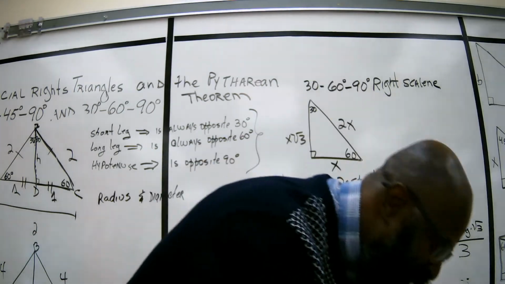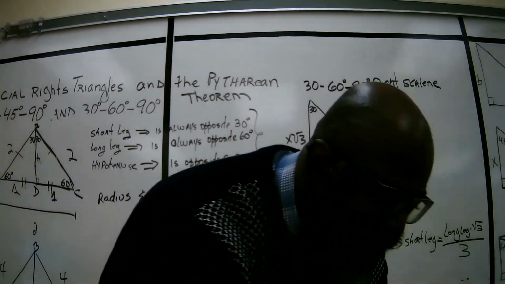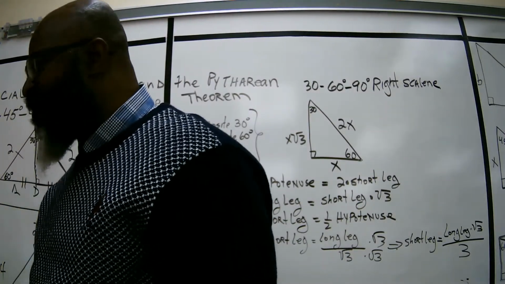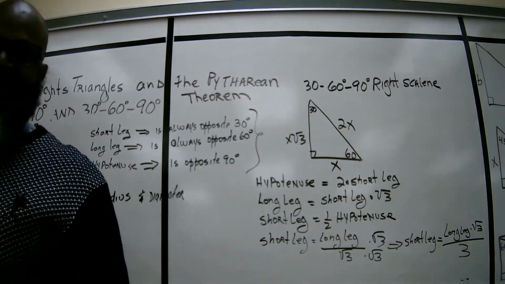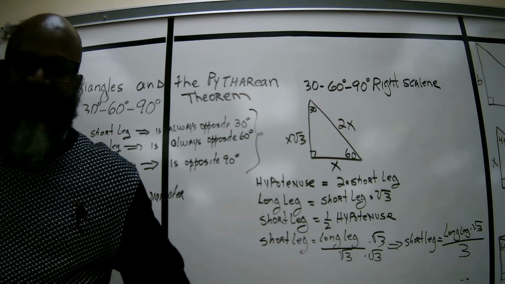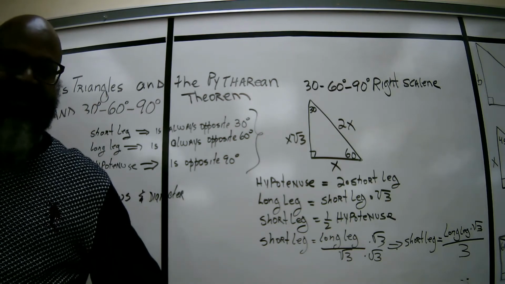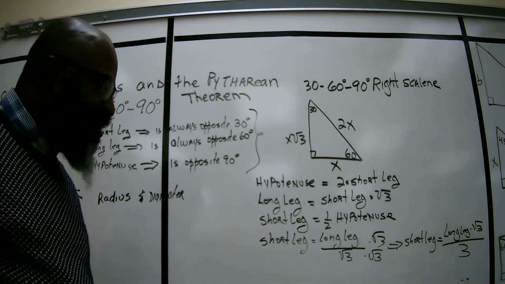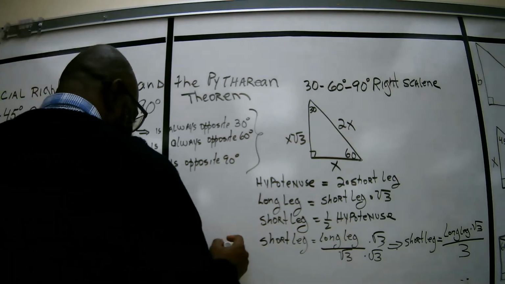Remember that in a circle, if you know the diameter, you can find the radius. If you know the radius, you can find the diameter. The radius is half of the diameter, or the diameter is 2 times the radius. It's almost the same relationship here.